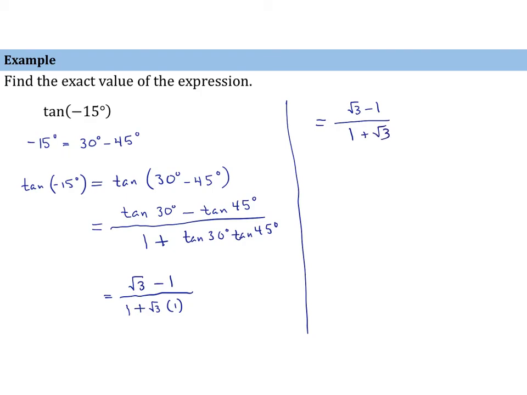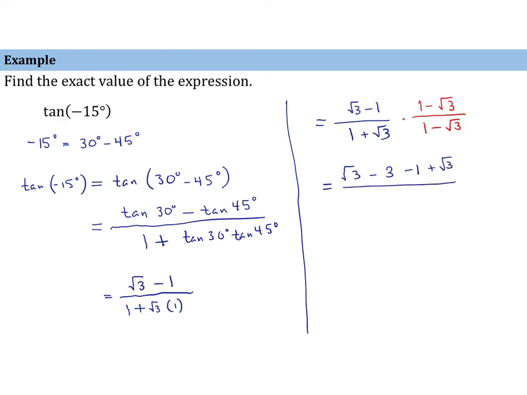But this is not an acceptable answer because the denominator is not rationalized. So let's rationalize the denominator by multiplying by the conjugate of the denominator. So now if we FOIL out the numerator, we have the square root of 3 minus, and now root 3 times root 3 is 3 minus 1 plus the square root of 3.